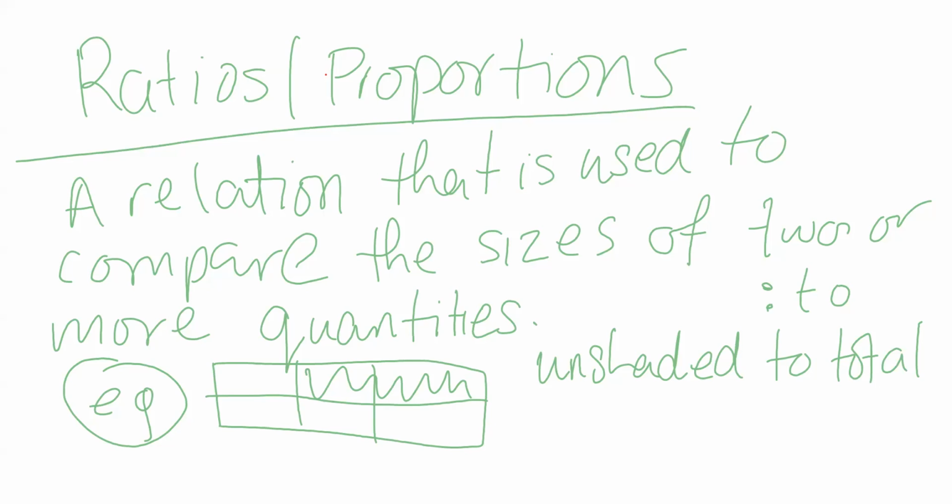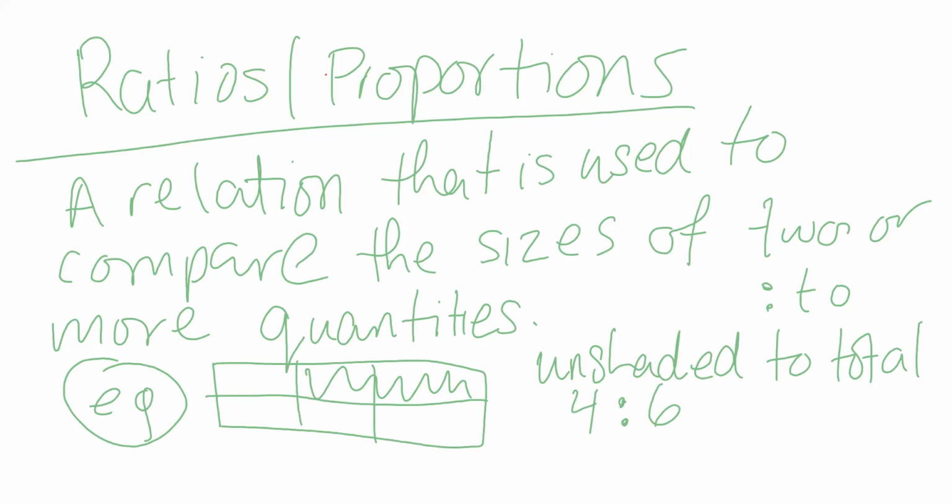Unshaded to total would be 4 to 6. Unshaded, counted 1, 2, 3, 4, total 1, 2, 3, 4, 5, 6, colon, to. Right? So that's how we basically use our ratios to describe what is really happening.